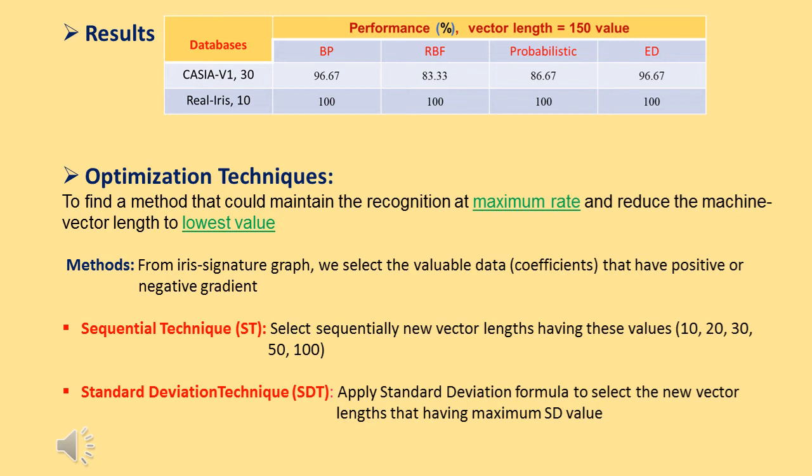So we proposed two techniques to maintain the maximum accuracy rate at the lowest machine vector values. The first technique selects new vector values sequentially and finds the system accuracy according to these new values, while the second depends on the standard deviation formula to find the maximum standard deviation of the new vector values from the enriched region.